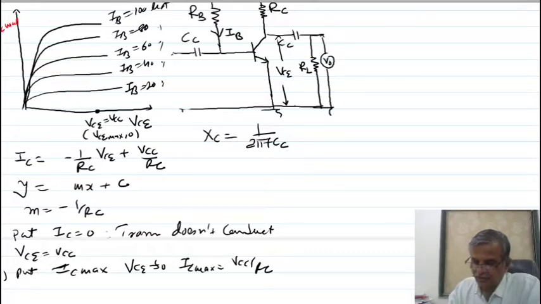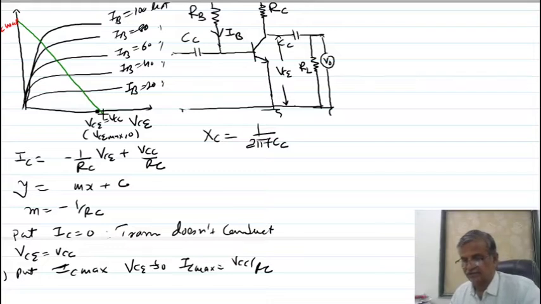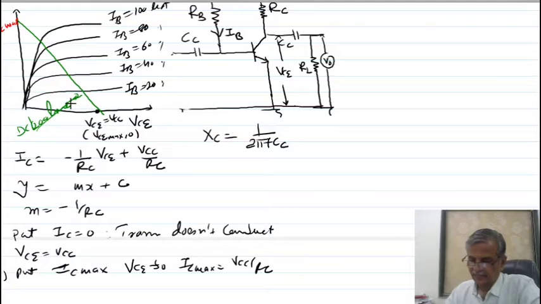I have put this point here. Now join the line between IC maximum and VCE maximum. This line is called the DC load line. Already you know the DC load line.